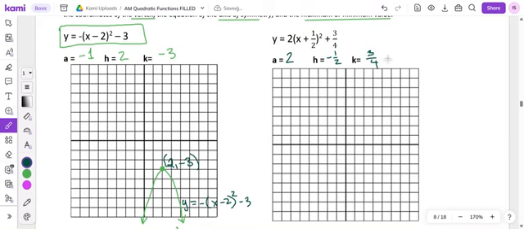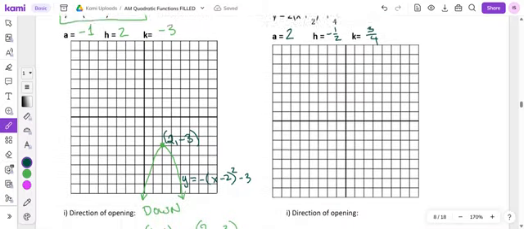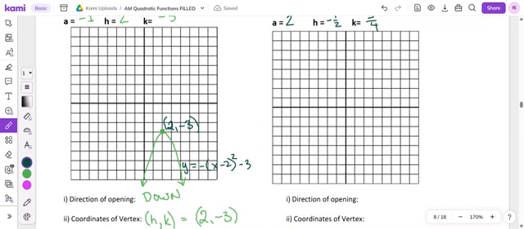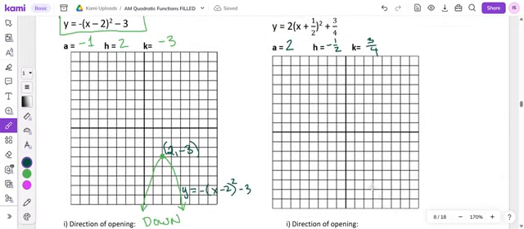Then fill out the information at the bottom. Any questions, please ask.